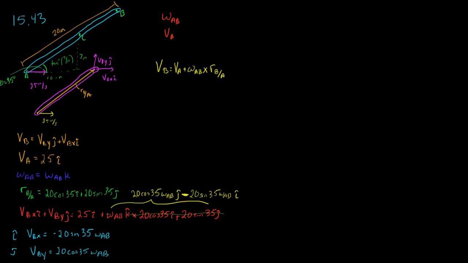Well, this is not good. We have three unknowns. We have this velocity in the x, this velocity in the y, and this omega AB that we don't know. But we only have two equations. So what do we go about doing now?